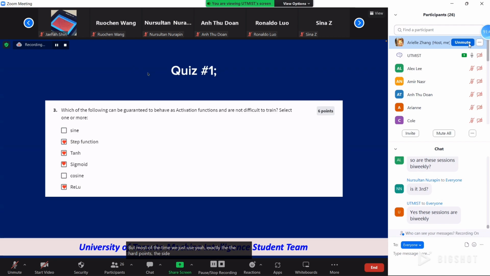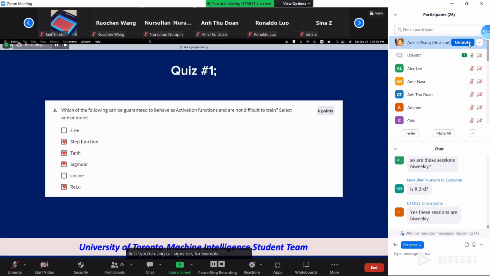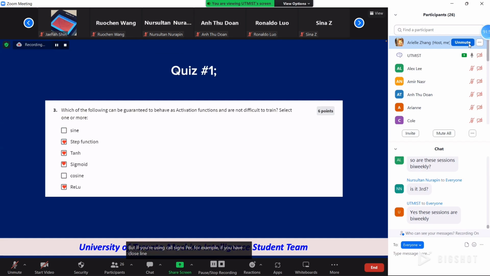The reason sine and cosine won't work is that if you have a very large input, you want to bound the output value. But if you're using a cosine curve, for example cosine of infinity, do you know where it lands? You know it's between -1 and 1, but you don't know where it lands. You want it to go to one specific limit as it goes to infinity, not oscillate like a sine and cosine wave.